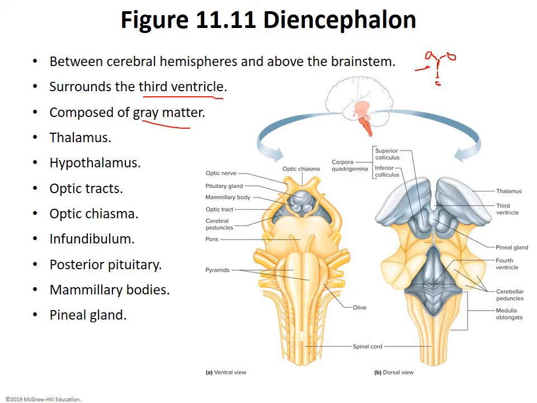You looked at the two big parts of it in lab, the thalamus and the hypothalamus, which tells you where it's orientated, right? The hypothalamus is below the thalamus. This is an area called the optic chiasm. It's where the optic tracts cross here, as it says here.